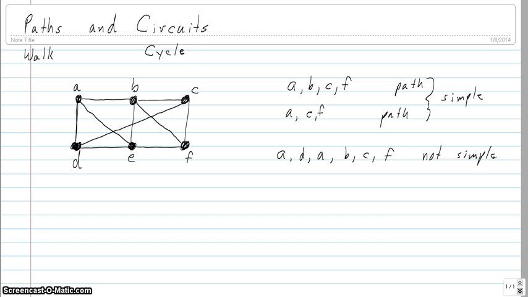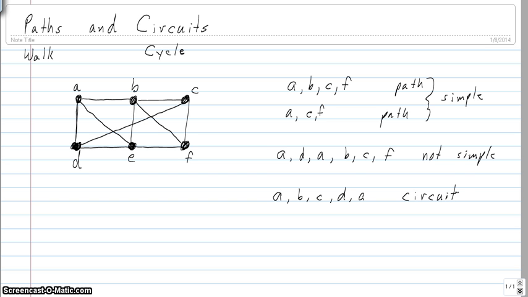Okay, so then what's this idea of a circuit? Or if you think of it as a cycle, you can probably guess what that might be. That means that you go off on some path and you end up back where you started. So you might go from A to B to C, and we cut back to D and then back to A. So this is an example of a circuit, where you basically go in a circle.